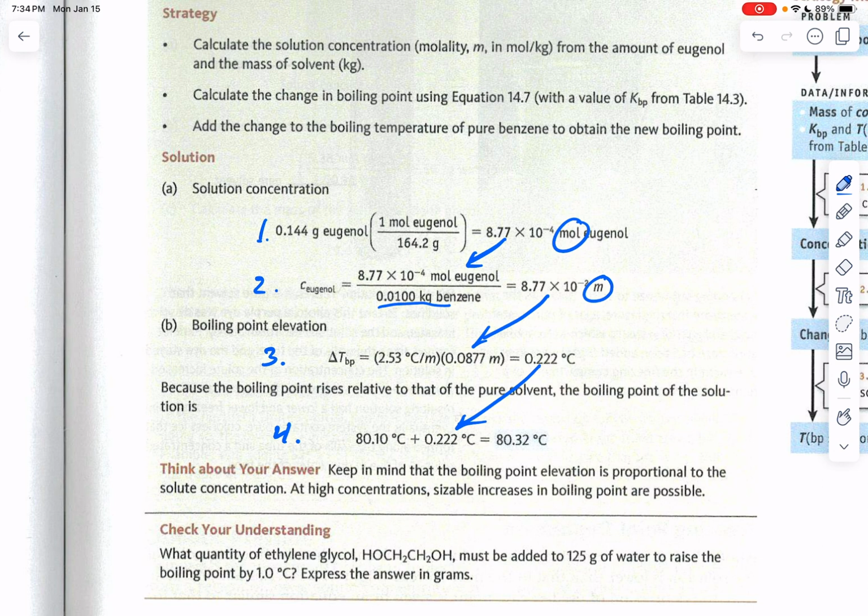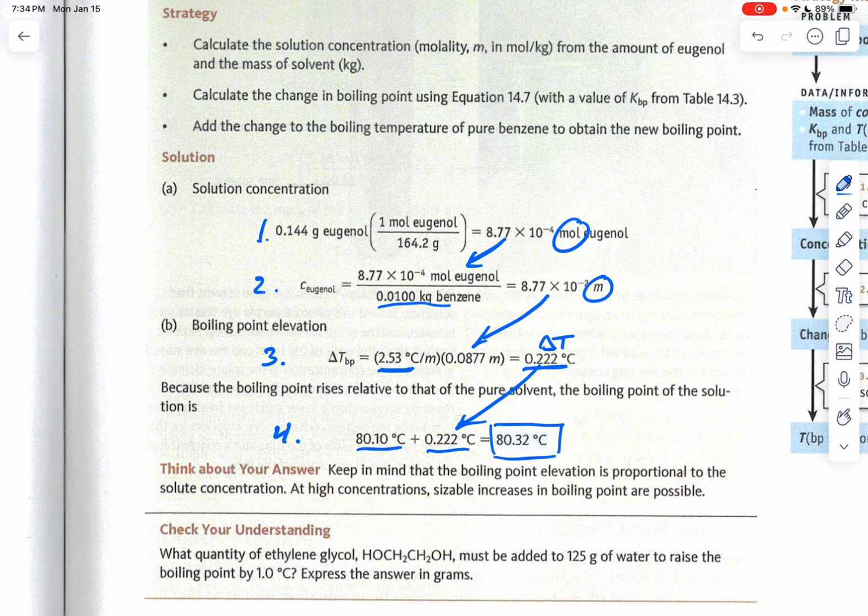And then once we know the molality, we can multiply by the constant from a chart, or it would be given to you on an AP test, to find your change. This is your change in your temperature. And then down here, you can take the original temperature and add the change to it to find the new boiling point of this solution.